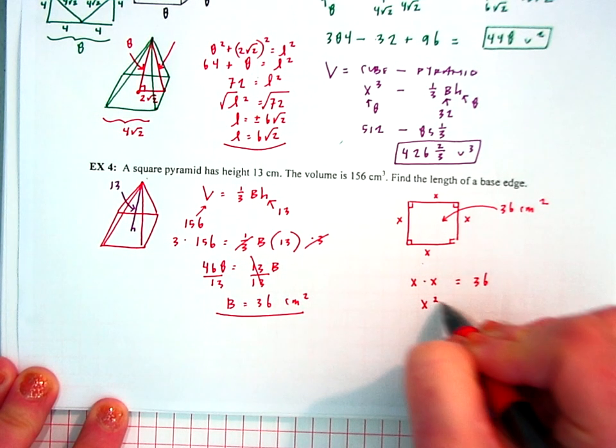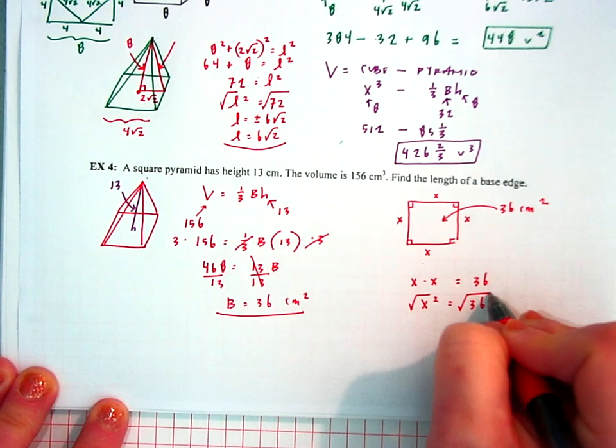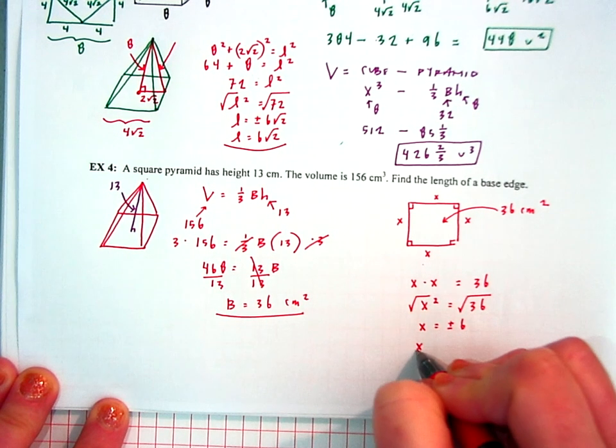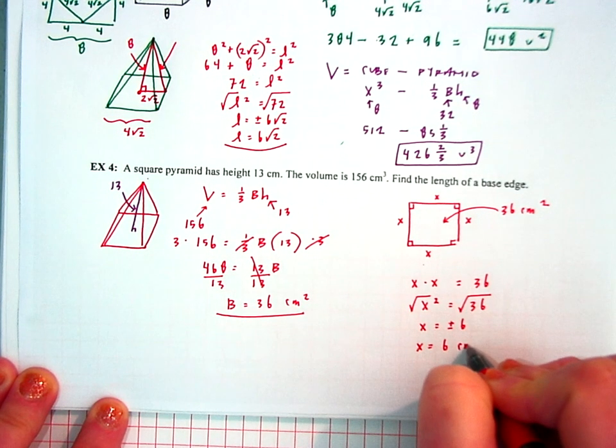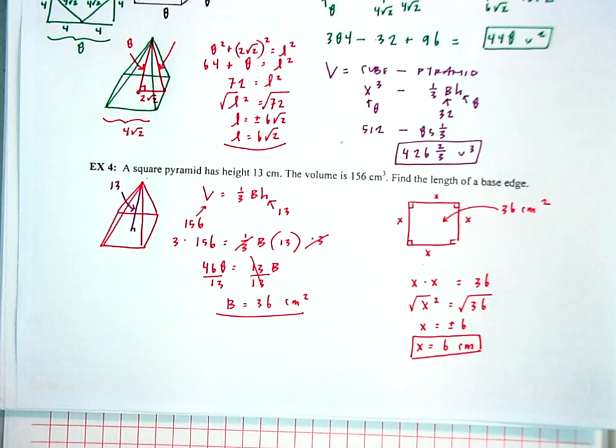So x squared equals 36, right? Trying to get to that base edge, solve by taking the square root. x could be plus or minus 6, but we know it's only the positive, so we get 6 centimeters for our base edge. All right, that takes care of our pyramid.